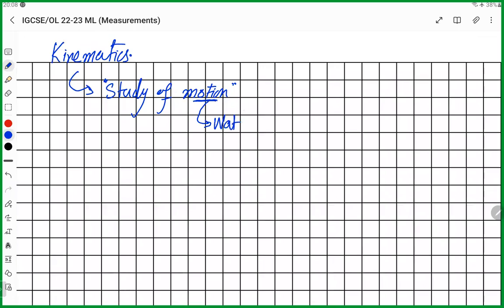What is motion? How do we know if something is moving or not?